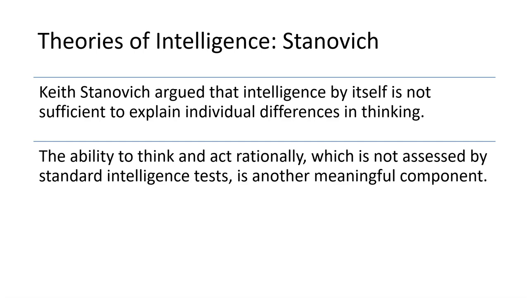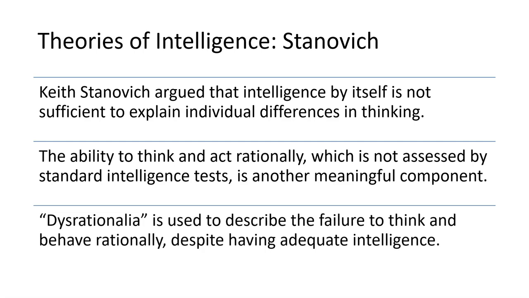It's going to be tested in actual situations where you have to make decisions and behave rationally, and make choices that will lead to those outcomes. That's another part of intelligence that has really been missed. Stanovich used this concept of dysrationalia to describe the failure to think and behave rationally.